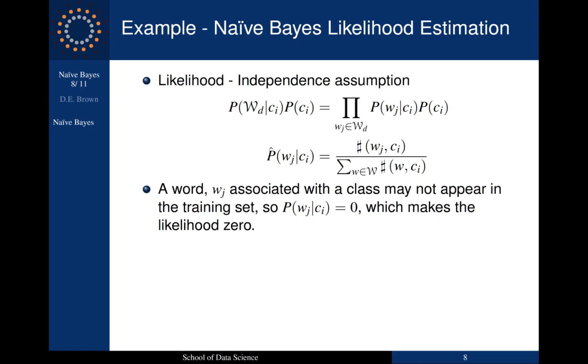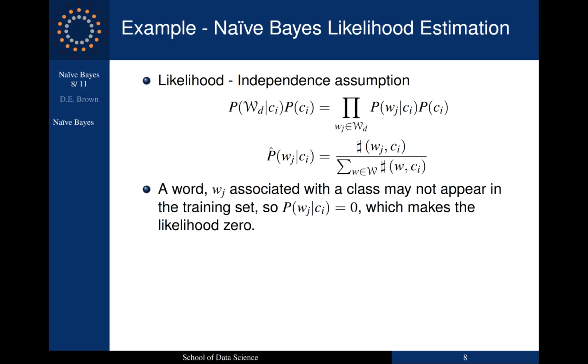Let's say they have an unusual way of saying that this is a good or bad place, like saying it's gone to the dogs. Not something we would see often, but maybe it appears occasionally, and it may not appear in our training set.